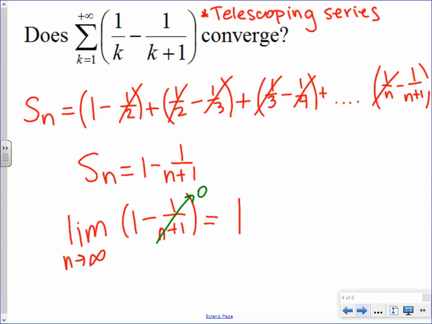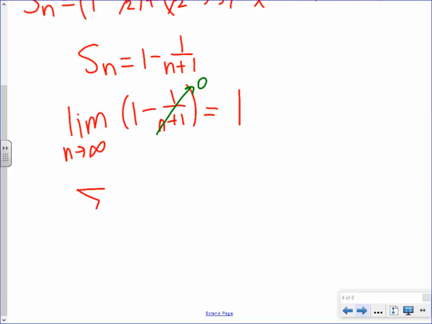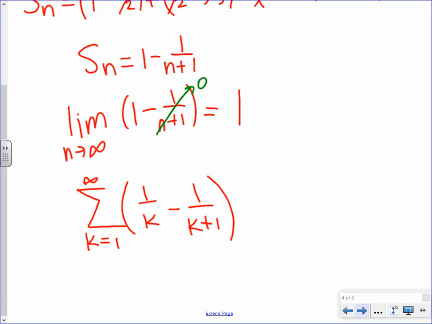What this is saying, since this is finite, is that we're converging. More specifically, we know that the sum of k equals 1 to infinity of 1 over k minus 1 over k plus 1 converges to the value of 1. We know that that sum equals 1.